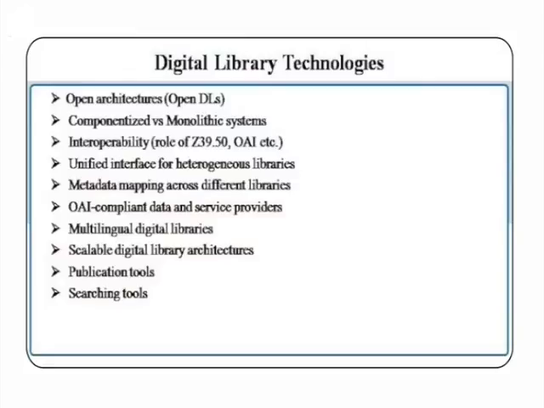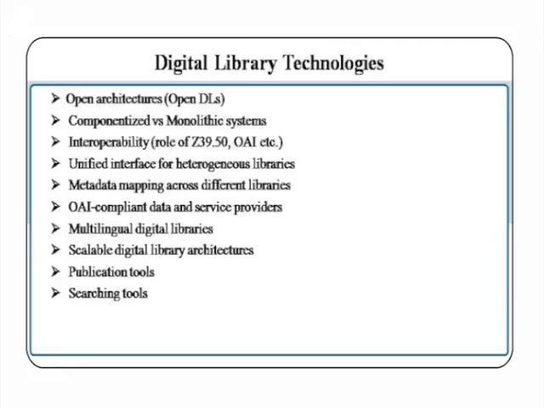this has to be looked at from a different angle. The open architecture. Open is a very buzzword nowadays because when you are talking about open, the access is open and the tools which are used are also open.